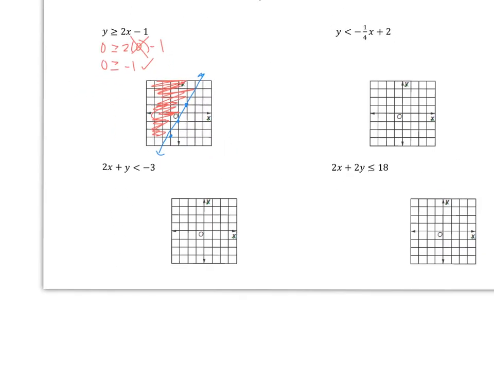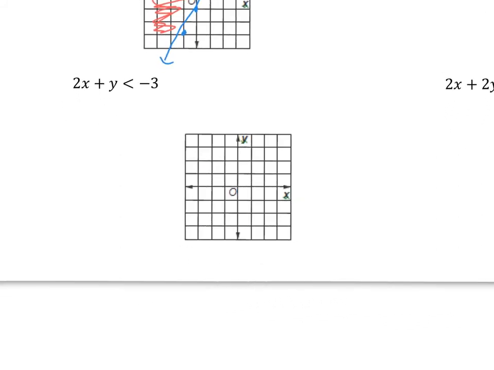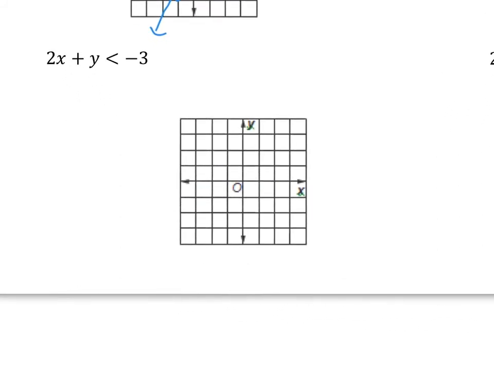Now I'll jump down here to this example, because this example is actually not in slope-intercept form, so we have to rewrite it first before we can attempt to graph. I'll subtract 2x and get y is less than negative 2x plus 3. Now that's in slope-intercept form. I'll graph the y-intercept, and this should actually be minus 3, right? Negative 2x minus 3.